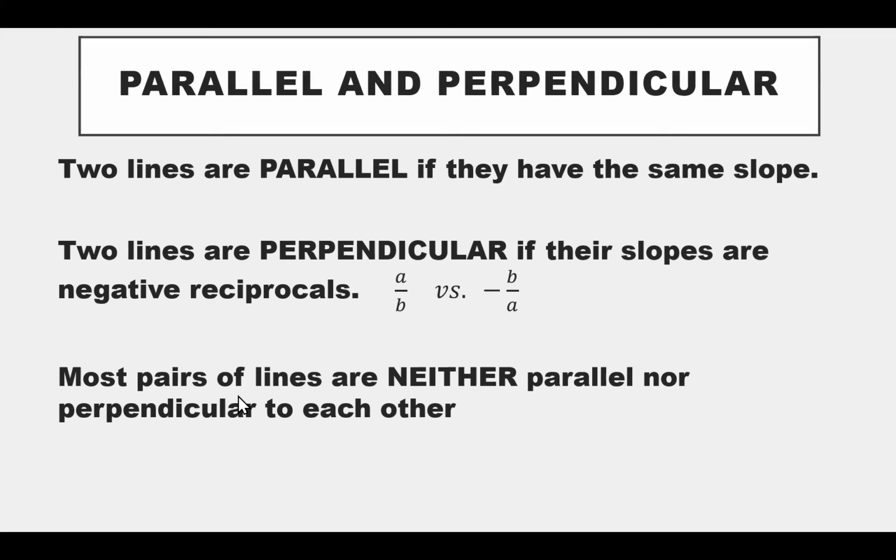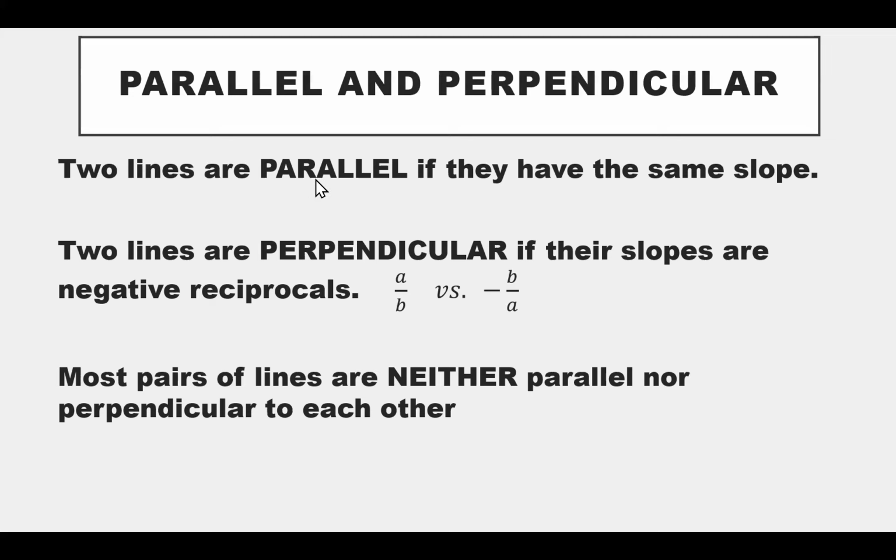Now, most pairs of lines, I want to say, are neither parallel nor perpendicular to each other. So I don't want to give you the impression that if you're given two lines, they're always going to be parallel or they're always going to be perpendicular. There's lots and lots of pairs of lines that are neither parallel nor perpendicular.